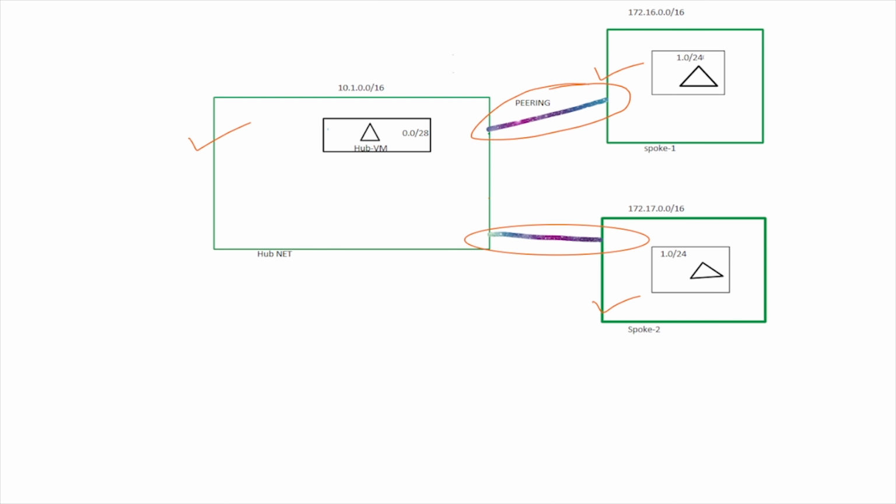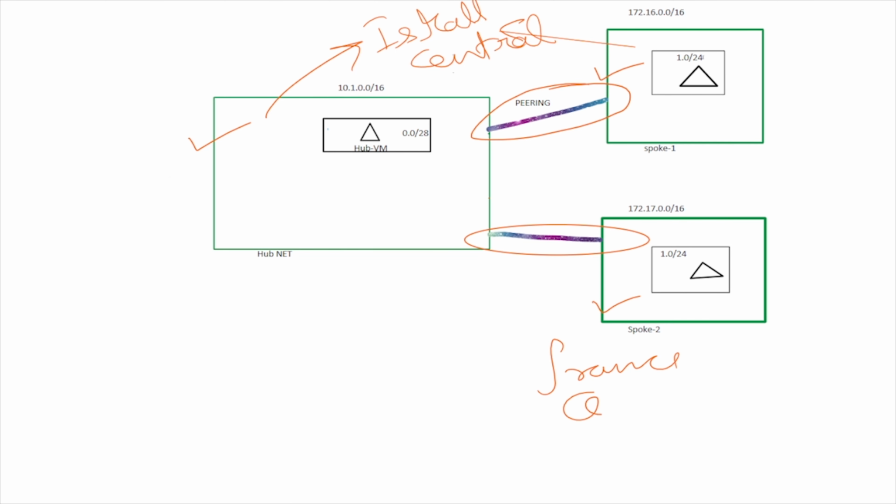So we can see this hub virtual network and the spoke one virtual network are in Israel Central region, and this spoke two is in France Central region.